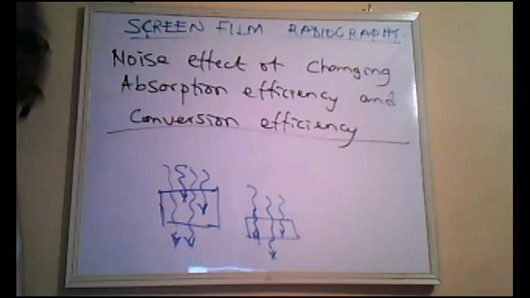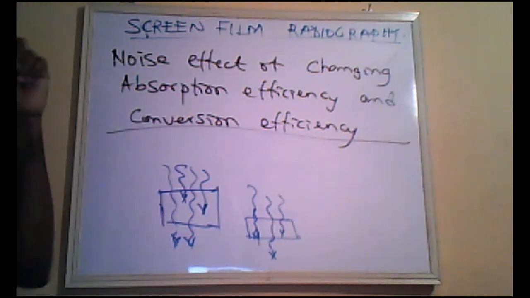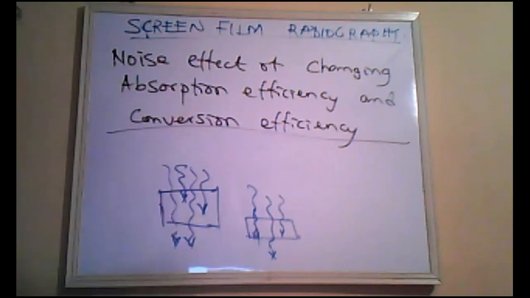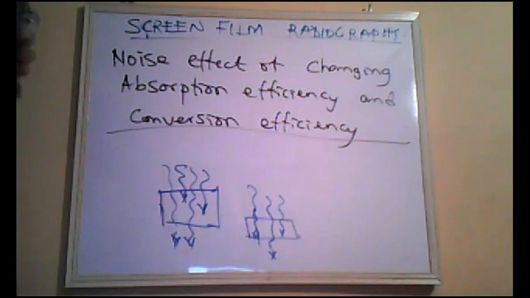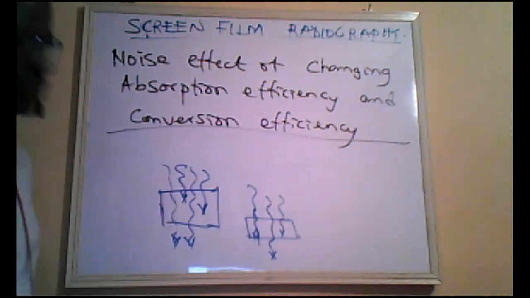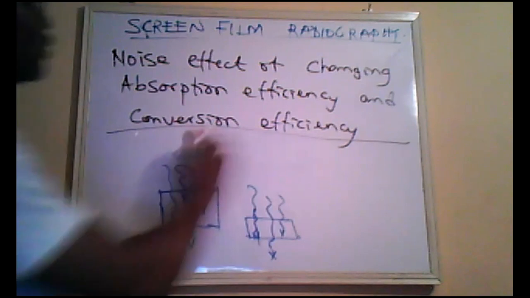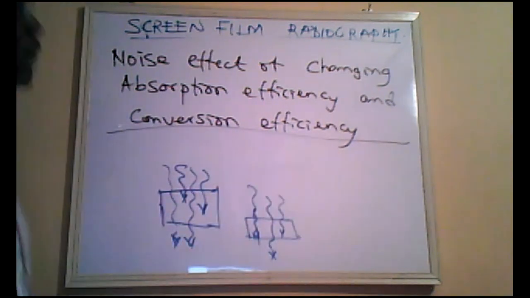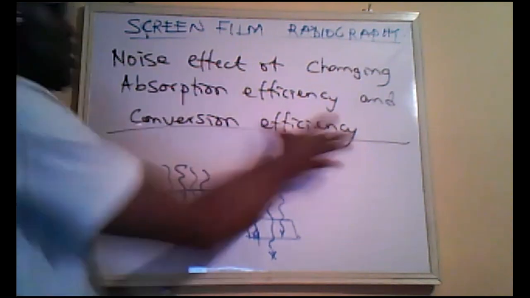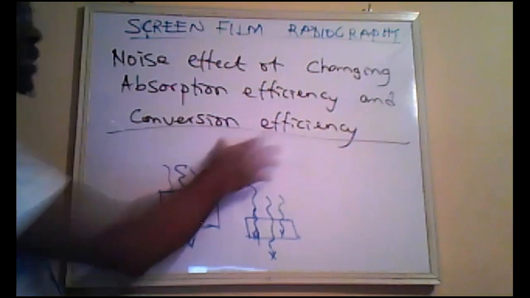How many X-ray photons can actually be absorbed? How does it relate to the noise? And for conversion efficiency, of course, how much of this can we use in equating noise?